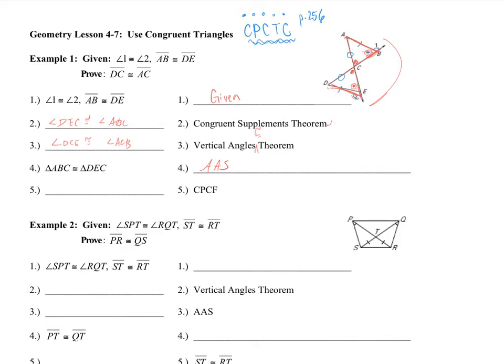And since these two triangles are congruent, then all their corresponding parts should be congruent. So therefore, I can state that DC is congruent to AC. And I would like you to use CPCTC.